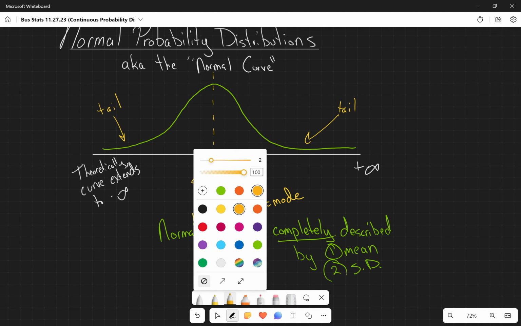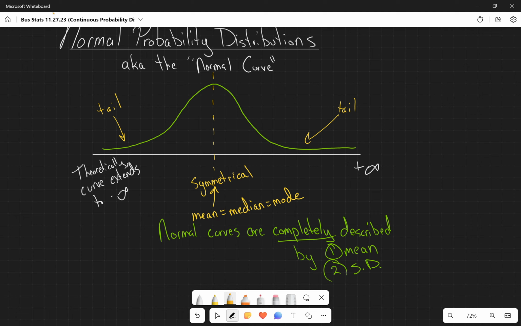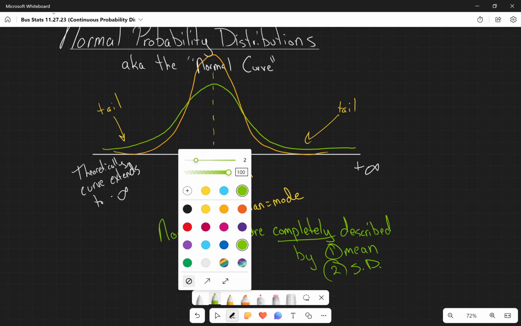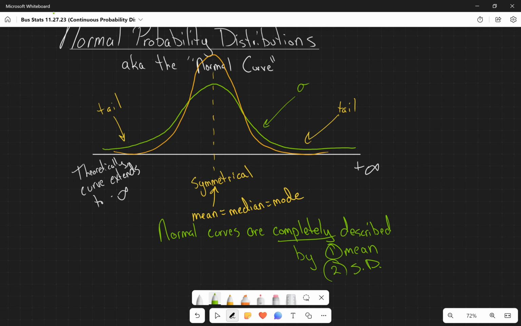we are going to end up with things that are pointier. So if this green curve has a standard deviation of 1, then we could say that this orange curve has a standard deviation of 1/2.